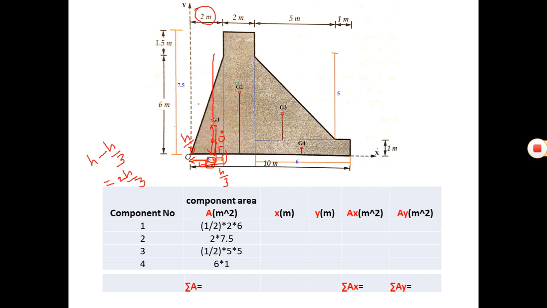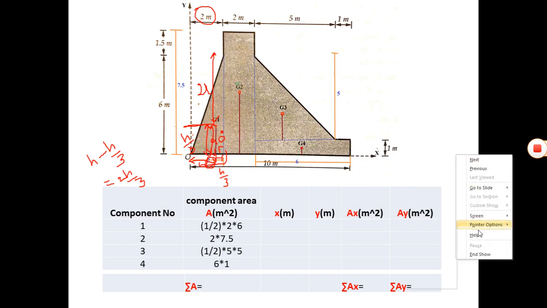This side becomes 2h by 3, but we don't require that, we just require the elevation from here to here with respect to the y component. So this side becomes h by 3. So now we calculate it here.